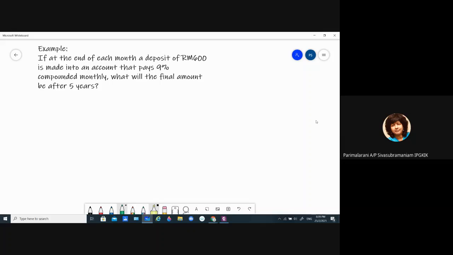So the first payment will be at the end of the month, correct? So how long will the first payment be in your account? The first payment is at the end of the first month.